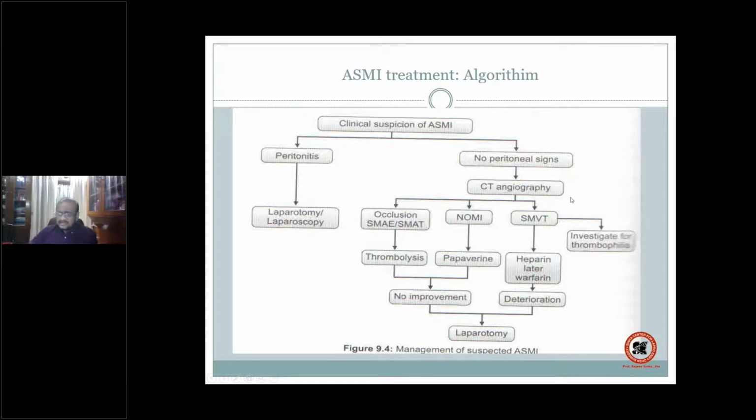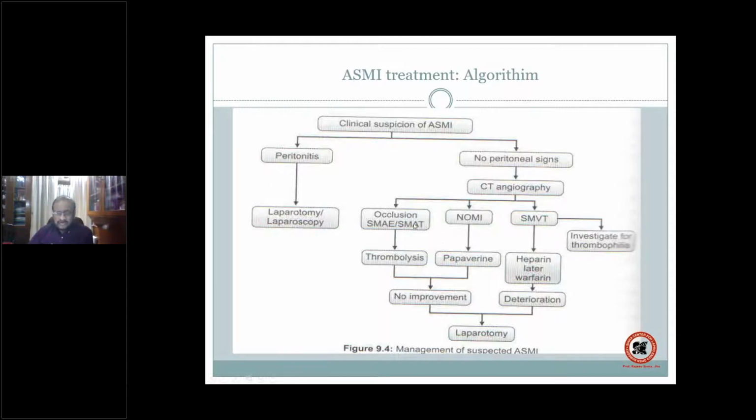If there are no peritoneal signs, then you do a CT angiogram, as I told you, a multi-detector CT angiogram, right? Now, you can demonstrate either the thrombosis of the vein, or the non-obstructive form, or you have the embolization or thrombosis, depending upon what form of obstruction or compromise of the vascular compartment has been thrown up by your investigation.